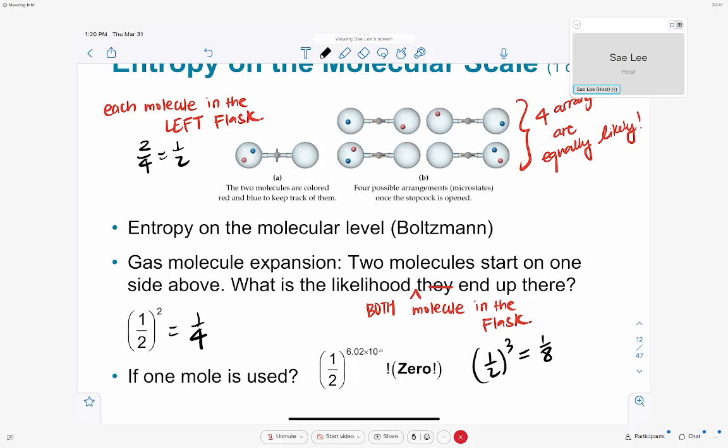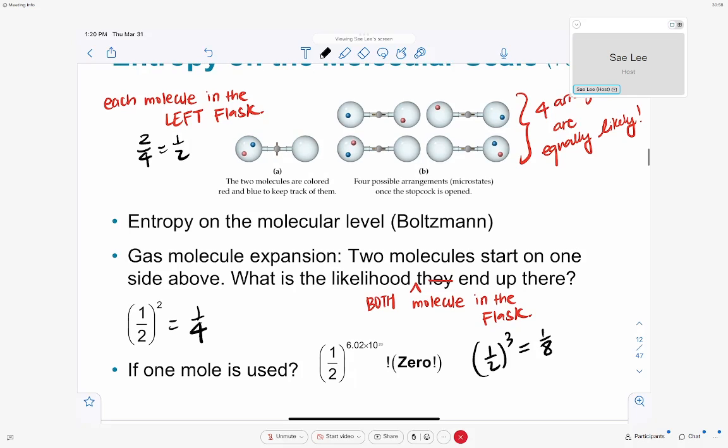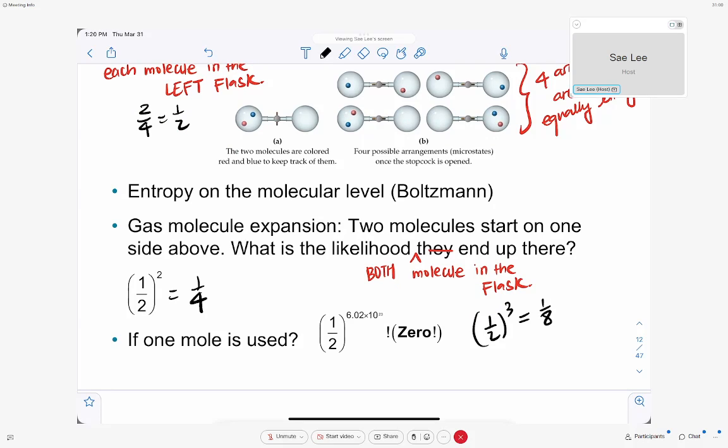So that's having 2 molecules or 3 molecules, but if 1 mole is used, how many molecules do we have in 1 mole? If you can recall from General Chemistry 1, 1 mole contains Avogadro's number of molecules.